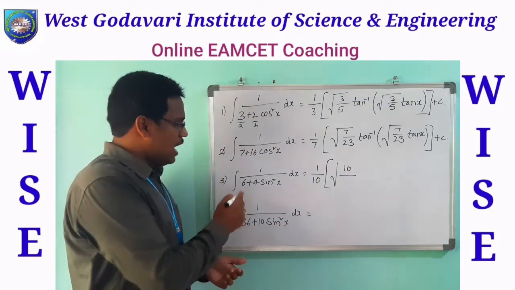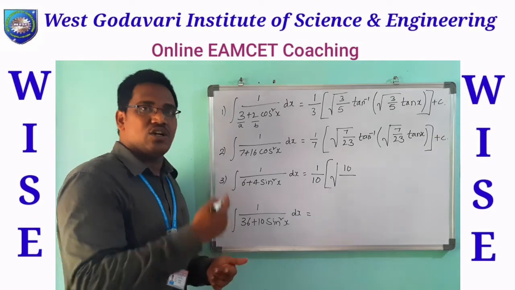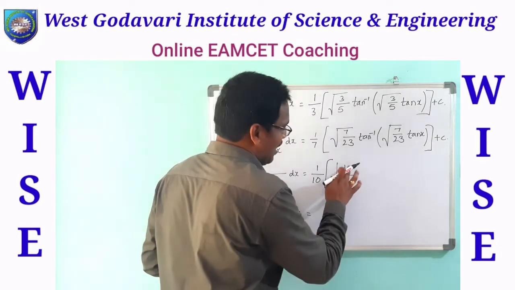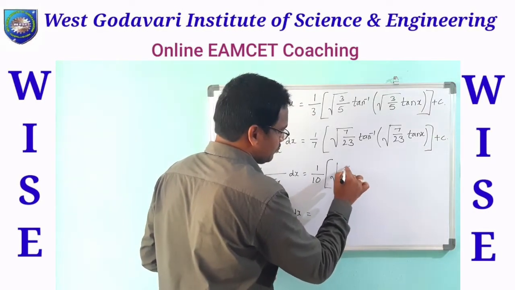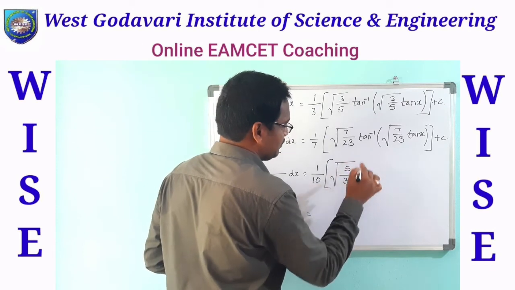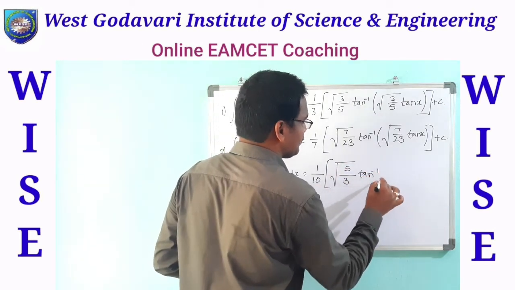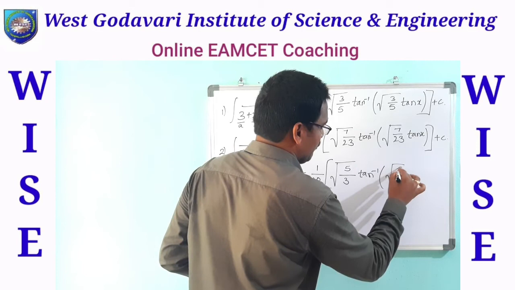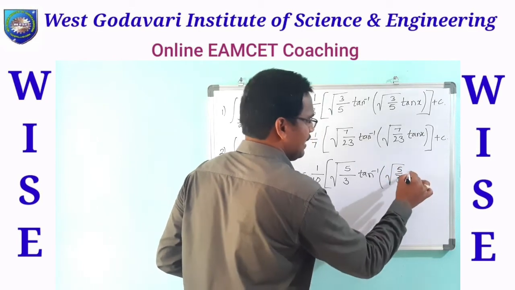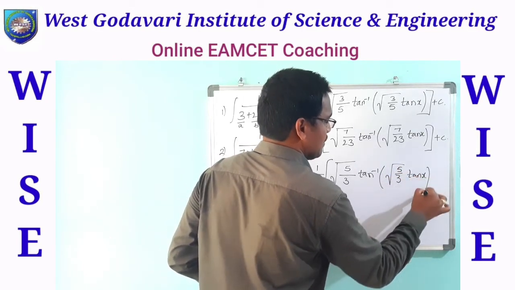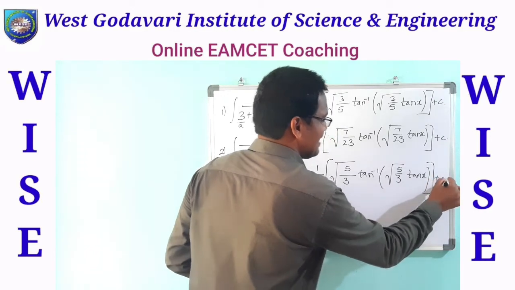Total is 10 and the constant is 6. So 10 by 6, that is 5 by 3. So 5 by 3 tan inverse square root of 10 by 6 or 5 by 3 tan x plus c.